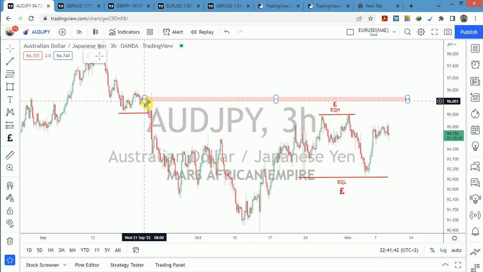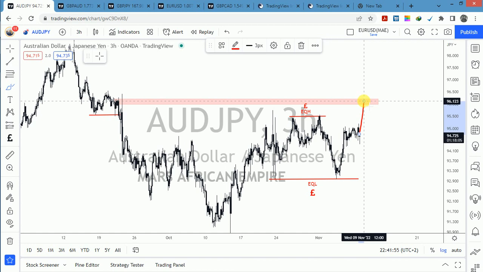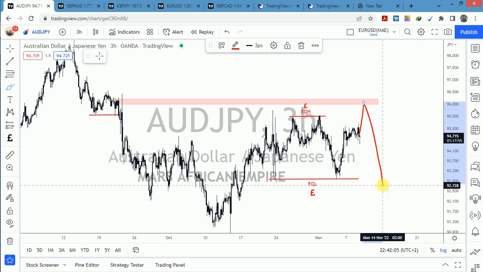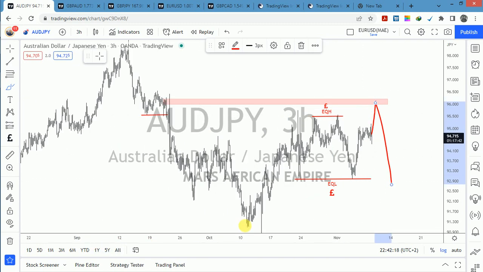I have an order block above there, which I believe we might use to take out the liquidity for these equal highs before we can continue to drop. So I'm expecting this pair to use that order block to take out the liquidity for these equal highs, and then we can have that pair drop.